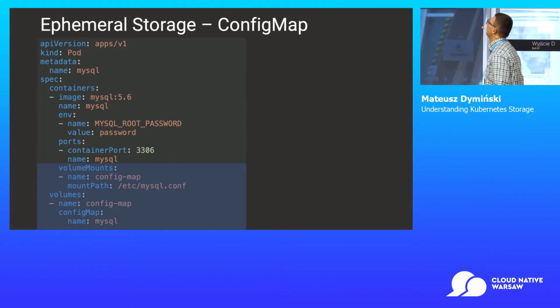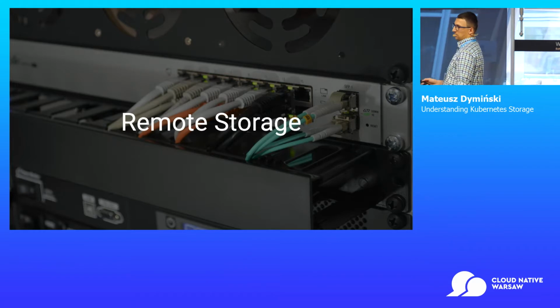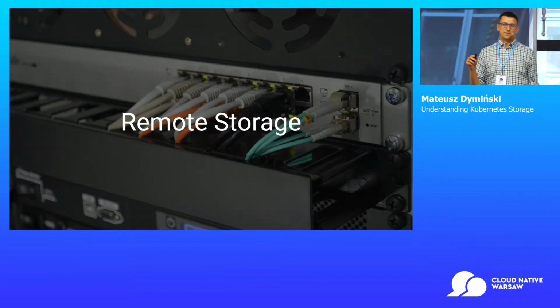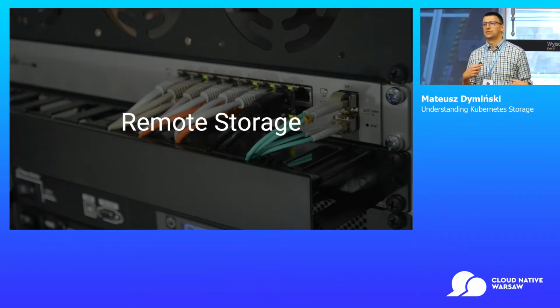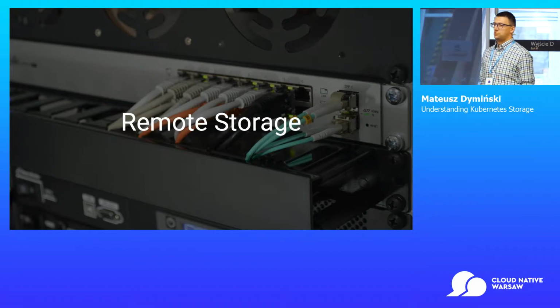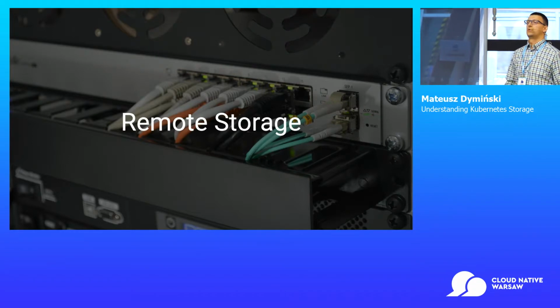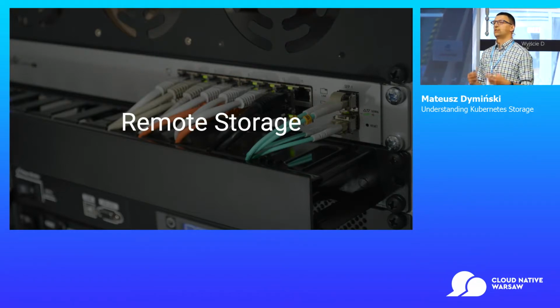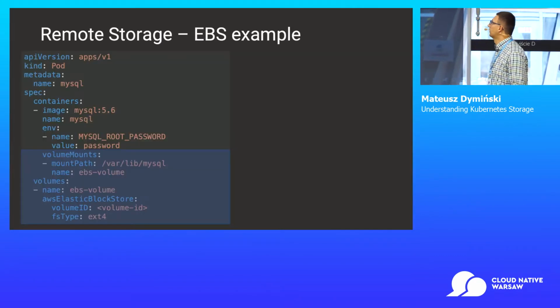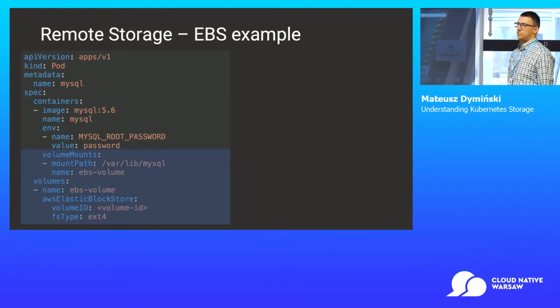from the config map. So now let's talk about the remote storage, and it's more complicated, but it allows us to preserve the state. And now we can save something to a file, and it's going to live longer than the container. How does it work? Let's start from a very basic one.